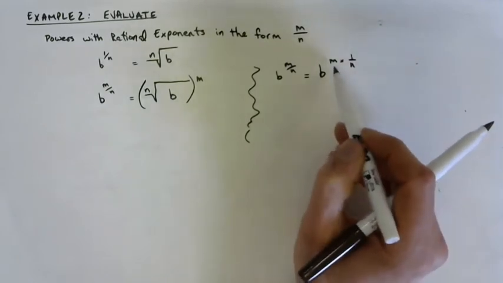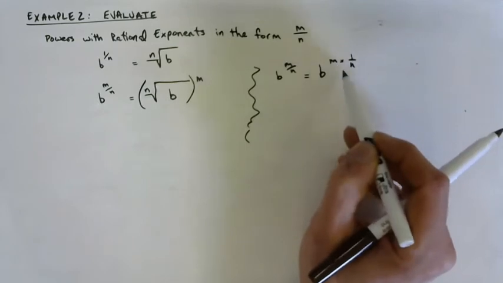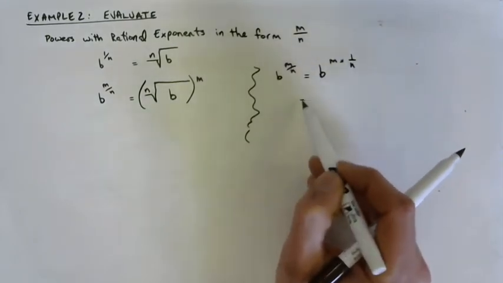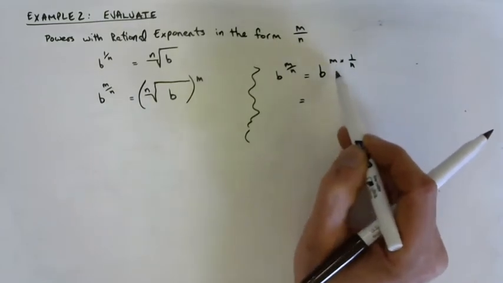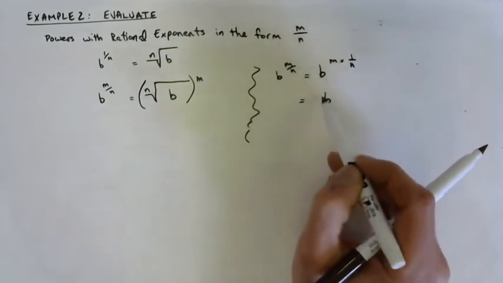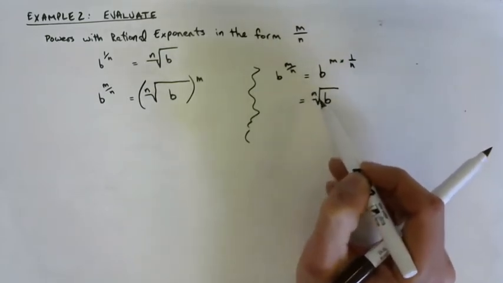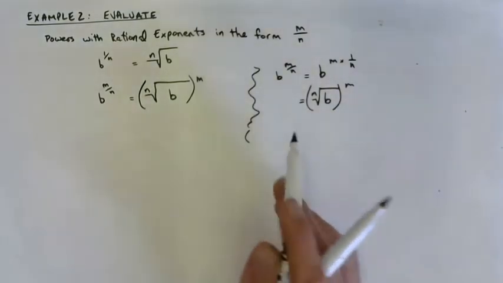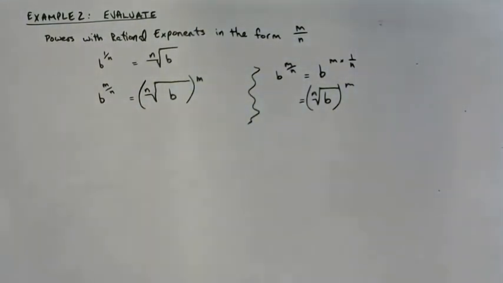So we're applying the exponent m and we're applying the exponent 1 over n at the same time. Well, the exponent of m can just stay there, and the exponent of 1 over n transfers into the nth root. Okay, if you didn't understand that, that's okay.